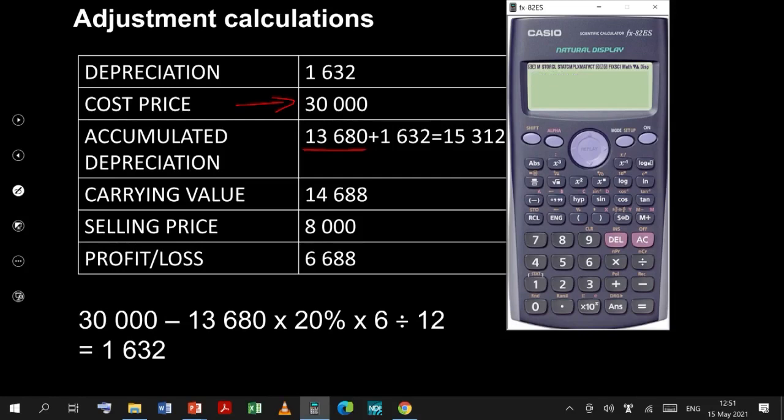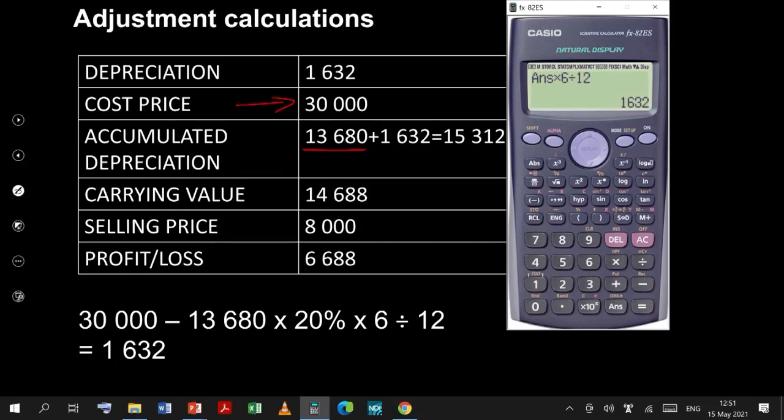Let's start all over again. 30,000 minus 13,680, which was my accumulated depreciation, times the 20%, times 6 divided by 12.